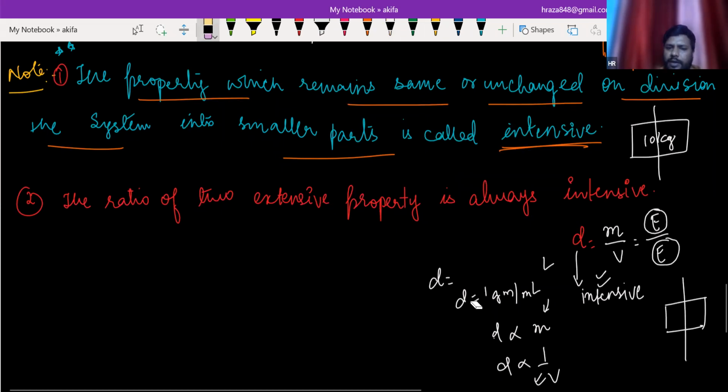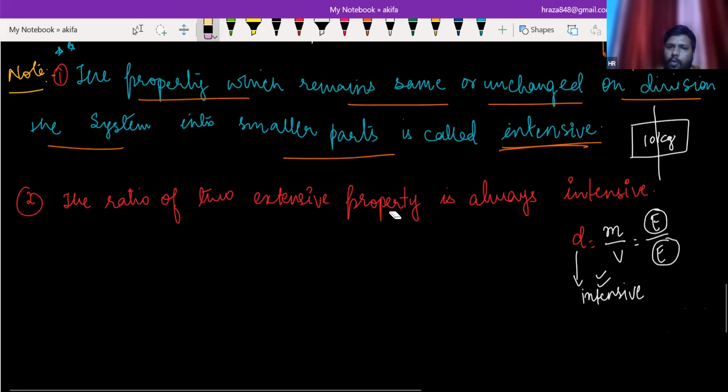What I want to say is that it has both effects, directly proportional as well as inversely proportional, so it won't change after division. You know that the density of water is 1 kg per meter cube or 1 gram per centimeter cube.